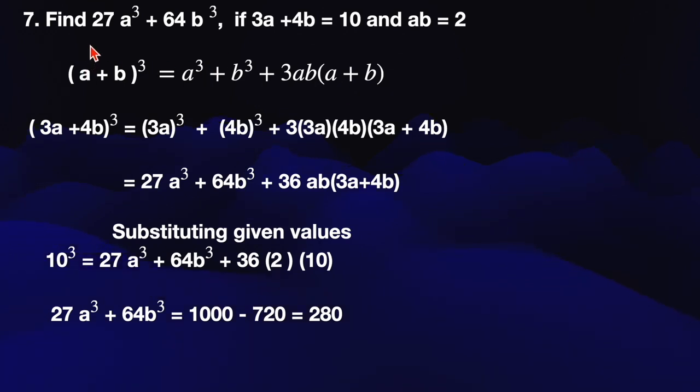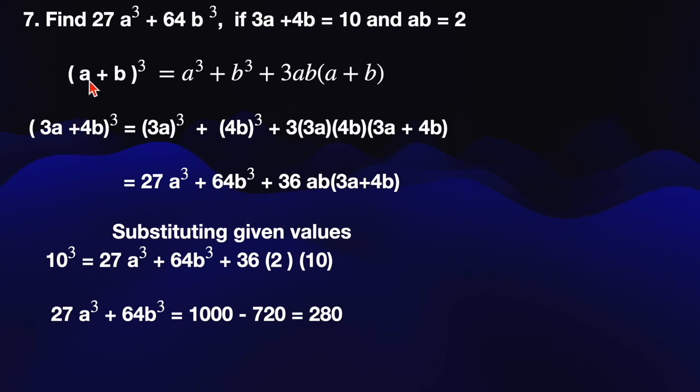Question 7. Find 27a cube plus 64b cube if 3a plus 4b is equal to 10 and ab is equal to 2. So here this is a general formula. Now substitute this a as 3a and b as 4b. So be careful because both the values are a only.